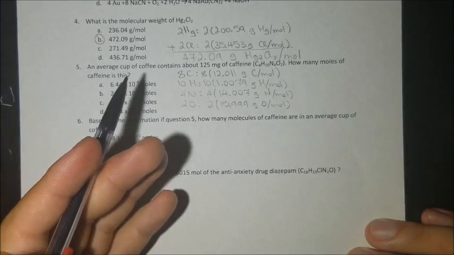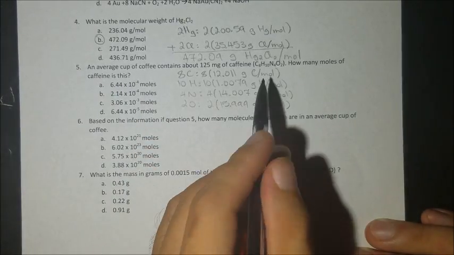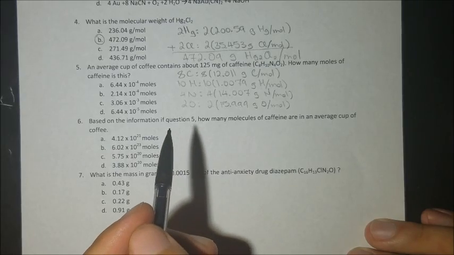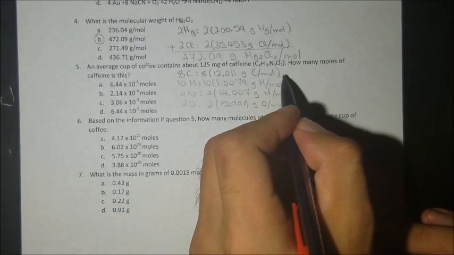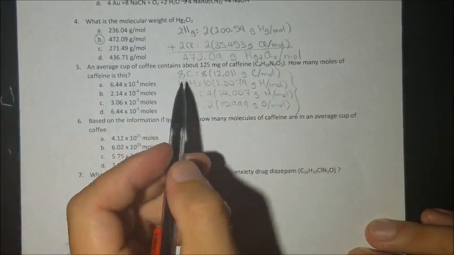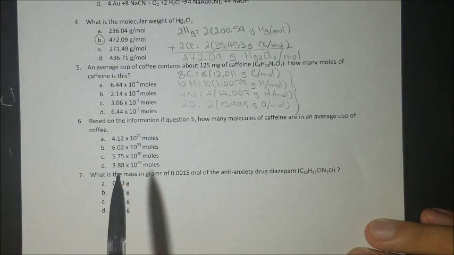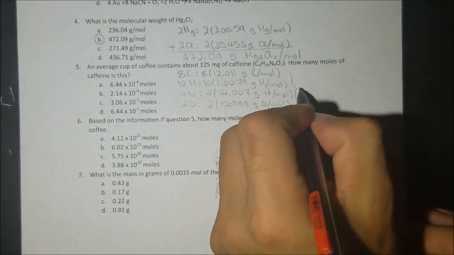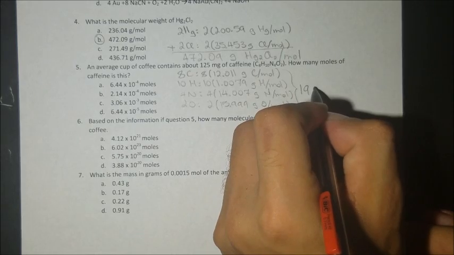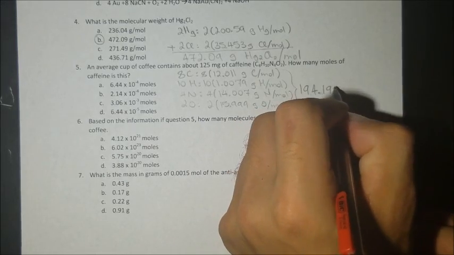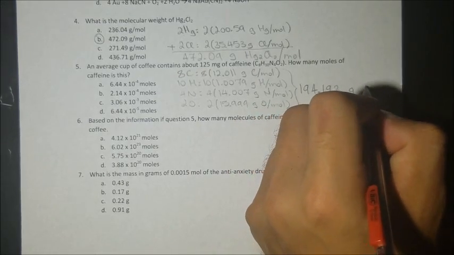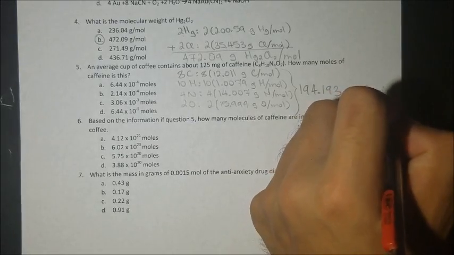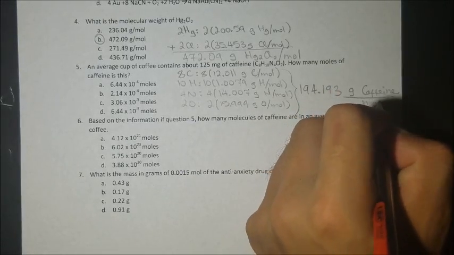When I add all of these up together, and do the same thing for hydrogen, nitrogen, and oxygen, I would find that I have 194.193 grams of caffeine per mole.